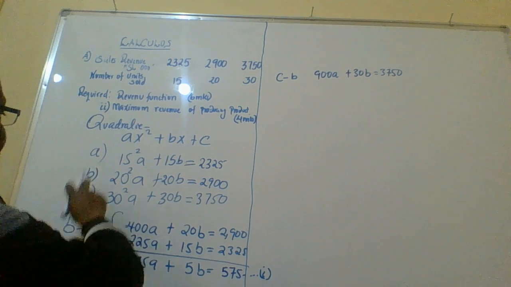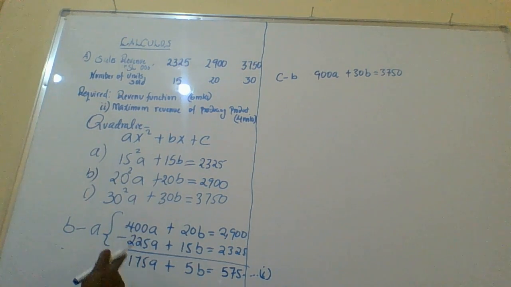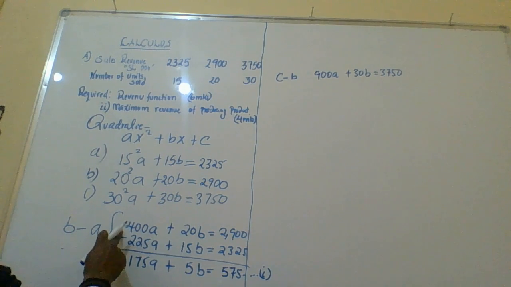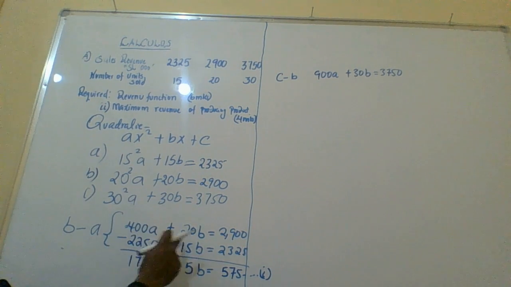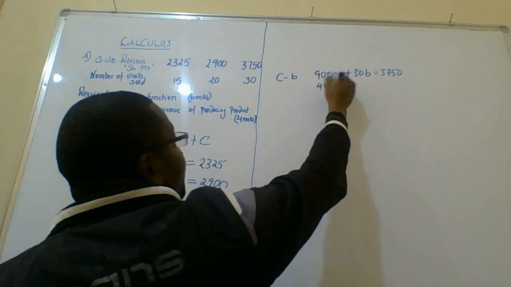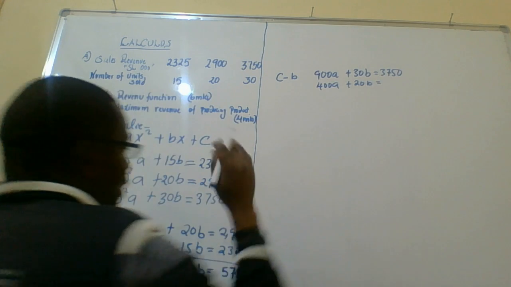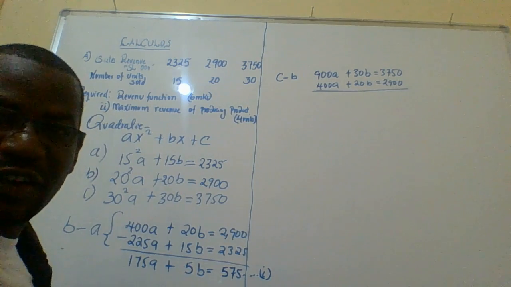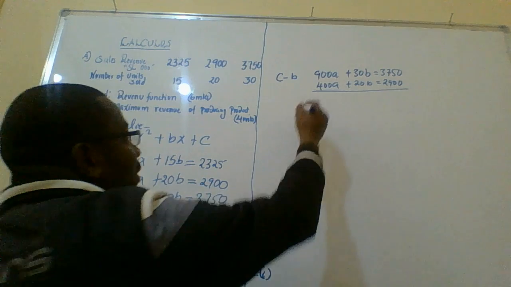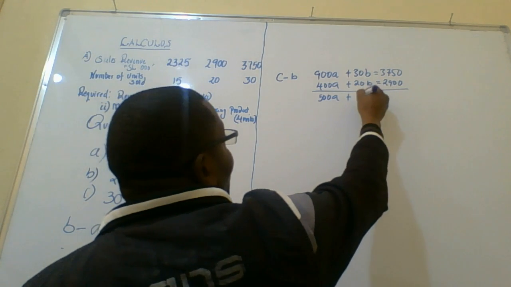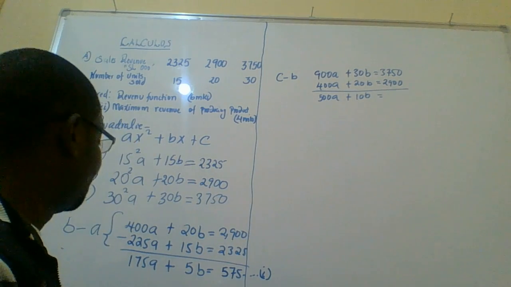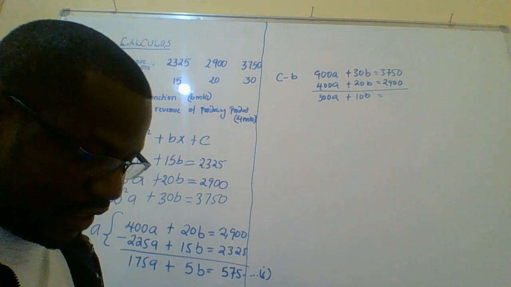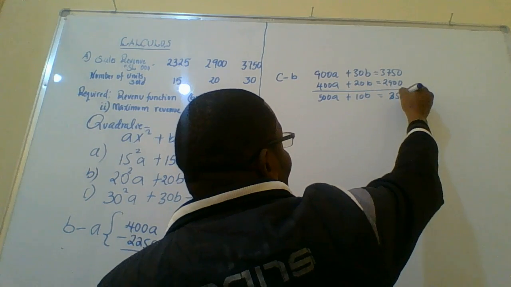Then I proceed to our B, which we already have here: 400A plus 20B equals 2900. Therefore, we get that equation: 3750 less 2,900 is 850.